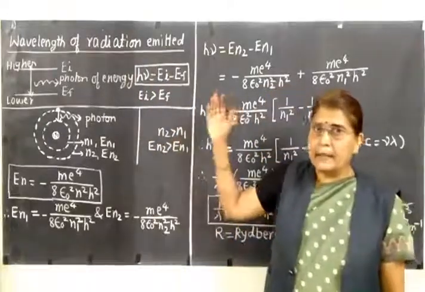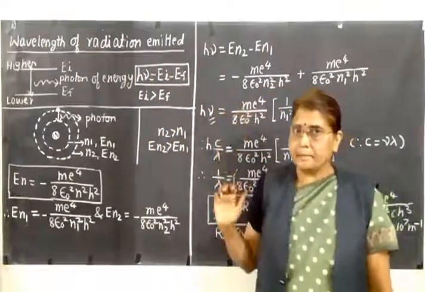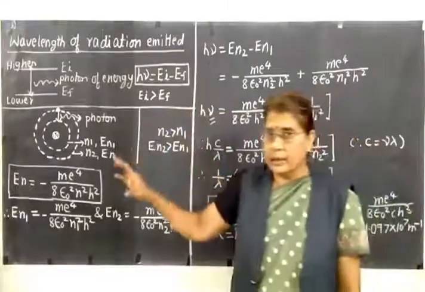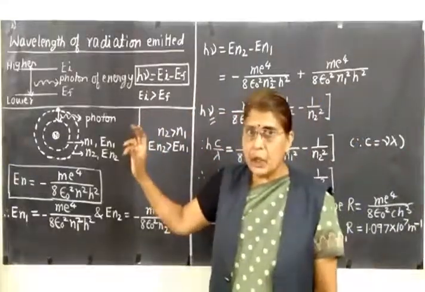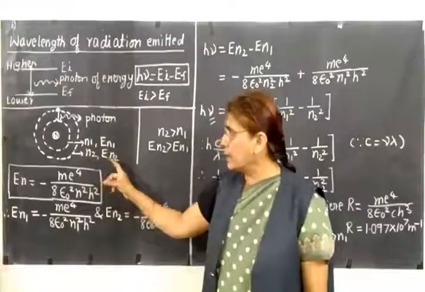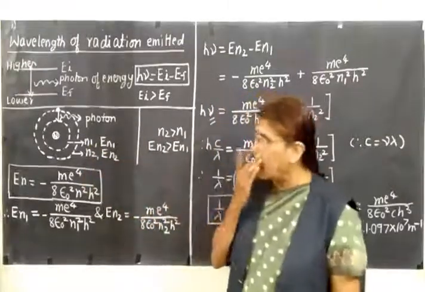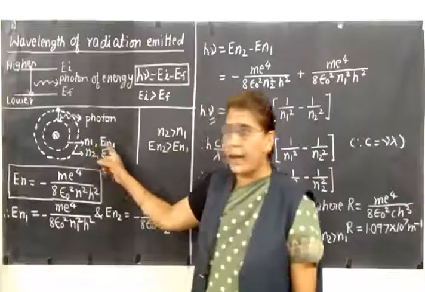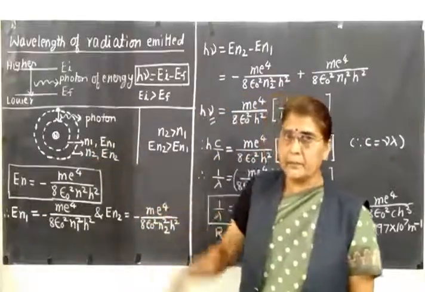So let us summarize the derivation once again. We have considered two energy orbits, the outer orbit of quantum number n2 and energy En2, and the inner orbit of quantum number n1 and energy En1.